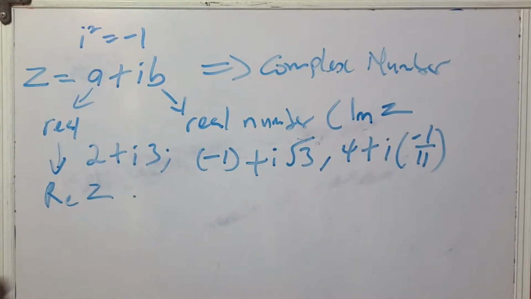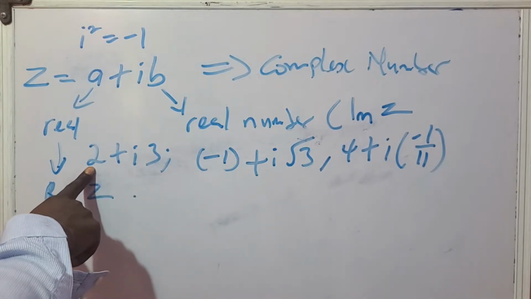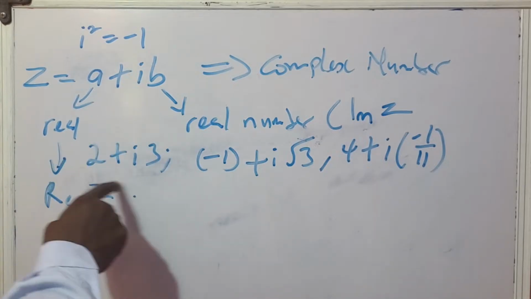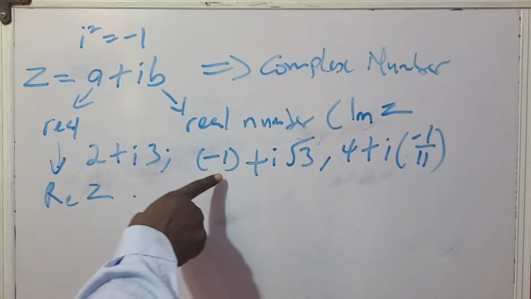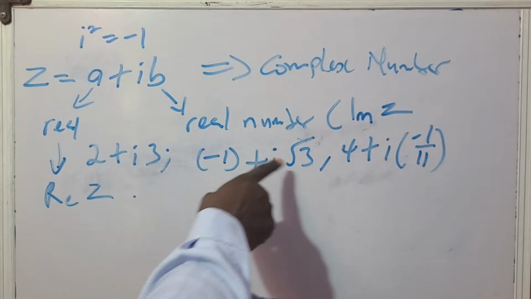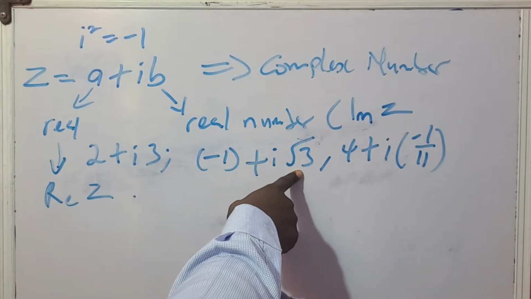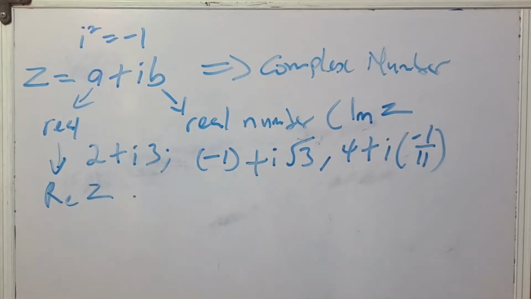So in a case like this, the real side of this particular complex number is 2, whereas the imaginary side is 3. In this other case, minus 1 is the real side, square root of 3 is the imaginary side, and on and on.